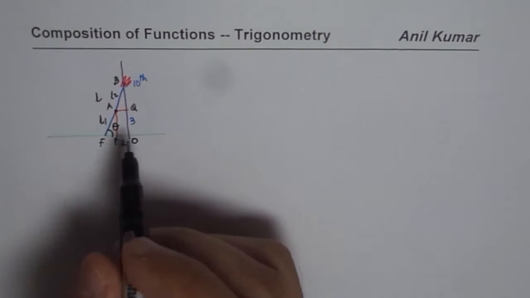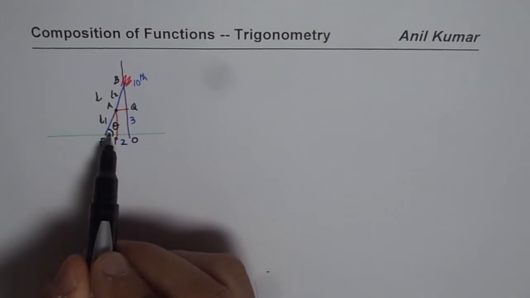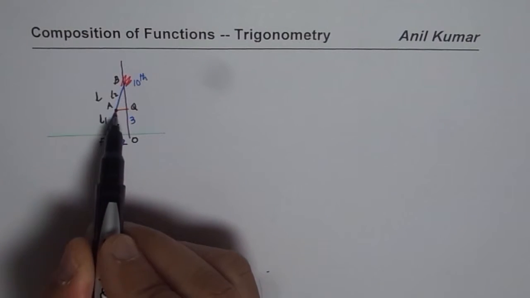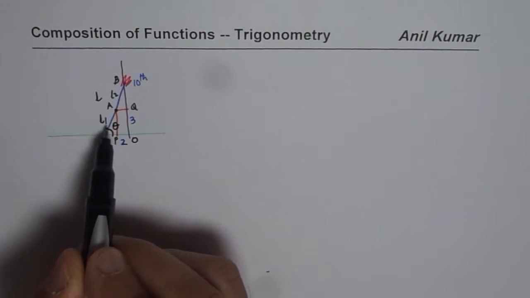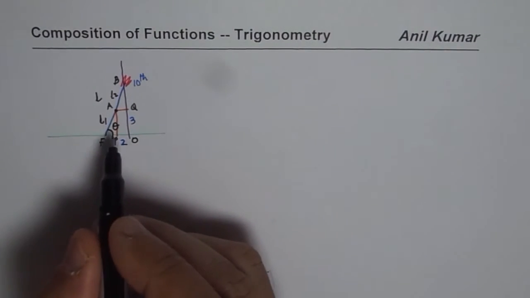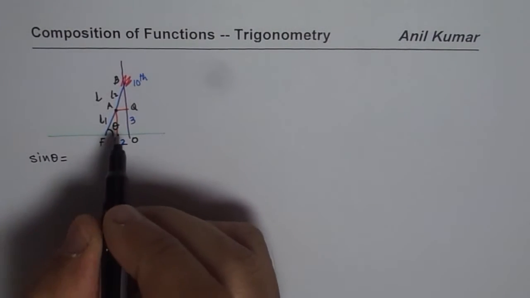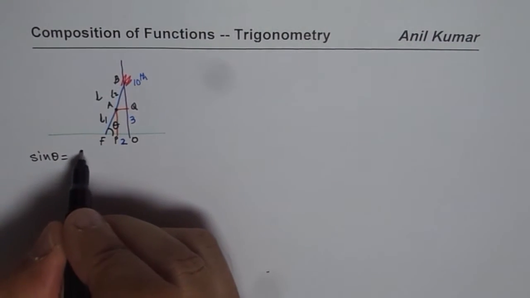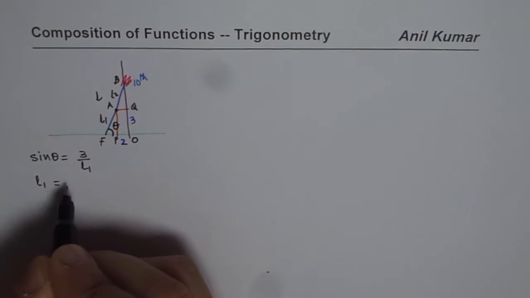Now how is the length L1 related with the angle and the height of the garbage bin given to us? Since that is the opposite side and this is the hypotenuse, I can write sine theta equals 3 over L1, right? Or length L1 of the ladder will be 3 over sine theta.